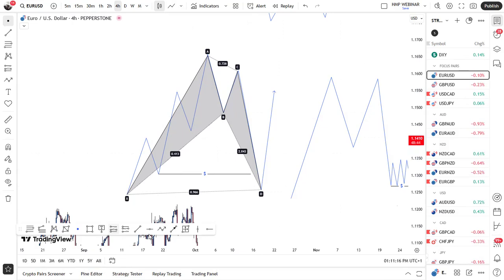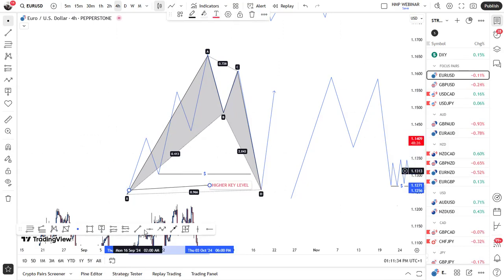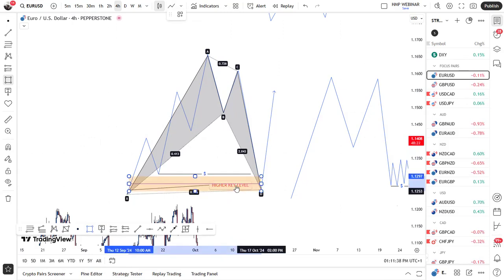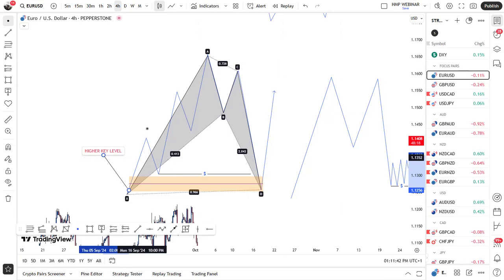Then in this level, you have your higher time frame key level, like your order block and all the rest of them lying within this level here.